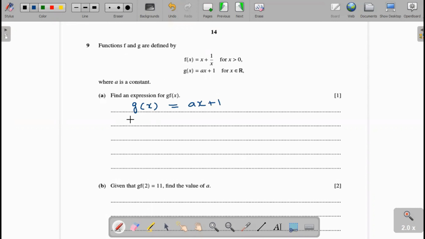Now we substitute f of x for x, so g of f of x becomes a into f of x plus 1. Now the f of x function is x plus 1 over x, and this is the expression of g of f of x.